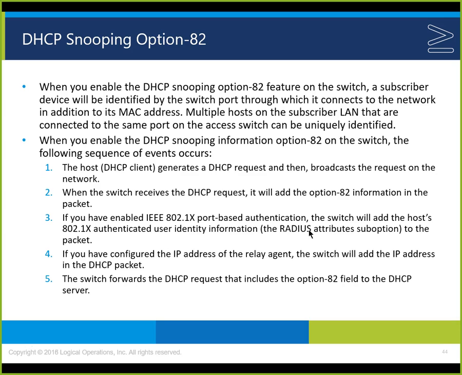The switch may be a DHCP relay agent. If we've enabled 802.1x port authentication, the switch will add the host's authenticated user identity also. If we have a relay agent, the switch will add the IP address to the DHCP packet and forward the DHCP request that includes the option 82 field to the DHCP server.